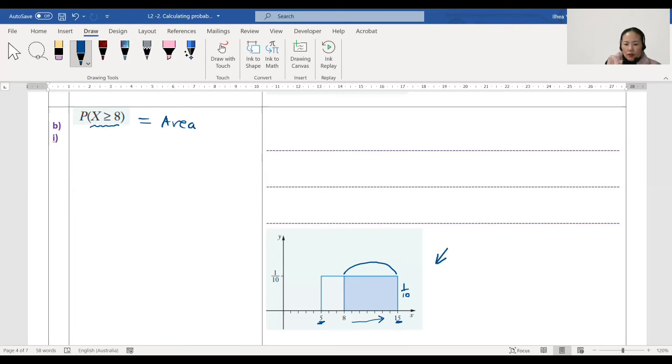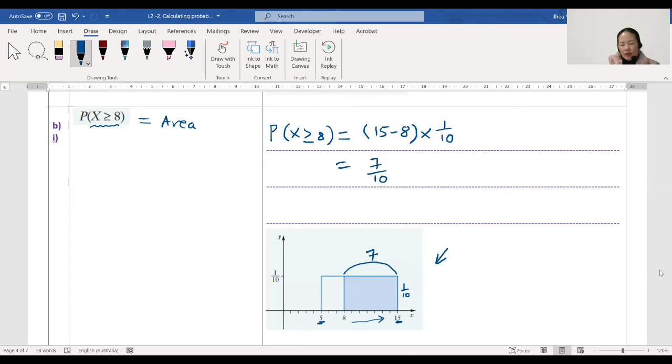Let's have a look. P of x bigger than or equal to 8 equals base times height. My base is 15 take away 8, times the height, 1 over 10, so that's going to be 7 over 10. I want you to have a look at the pattern here, because it's coming up.